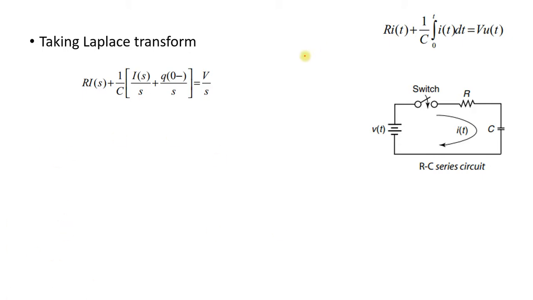This q of 0 is nothing but the initial charge in the capacitor. Now multiply this C inside the term and rearrange the equation. It looks like this: I of s into R plus 1 by Cs, and this constant term moves to the right hand side.